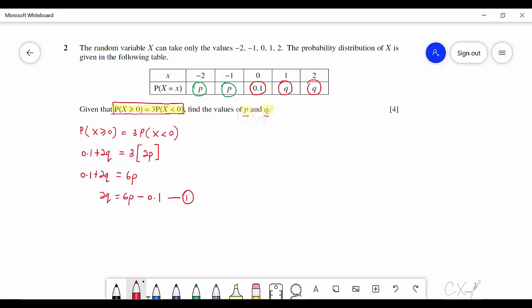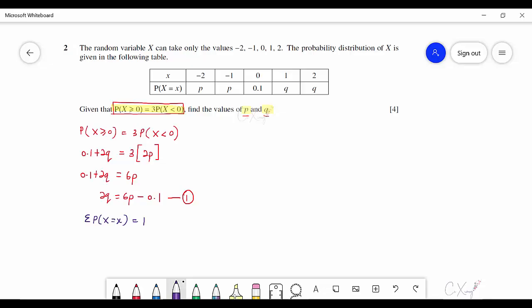Then how can we get the second equation? For the second equation, we know that the summation of probability should be equal to 1. This is a property of the probability distribution.